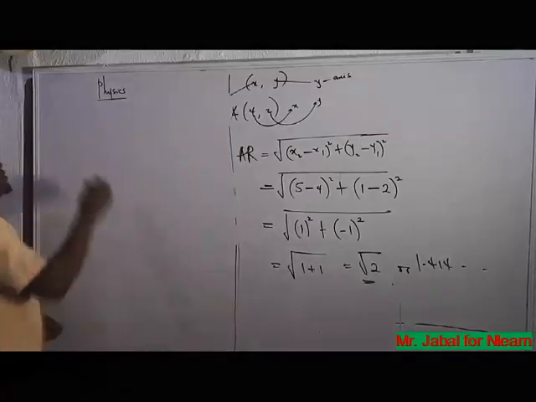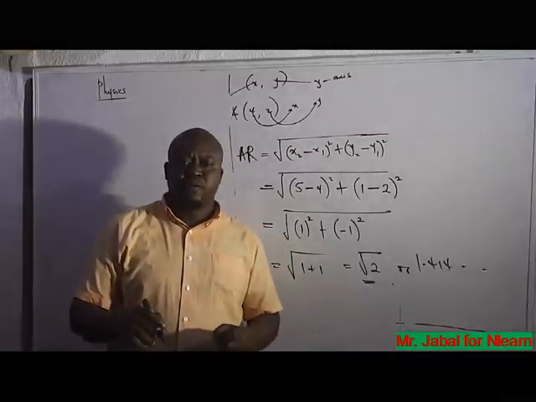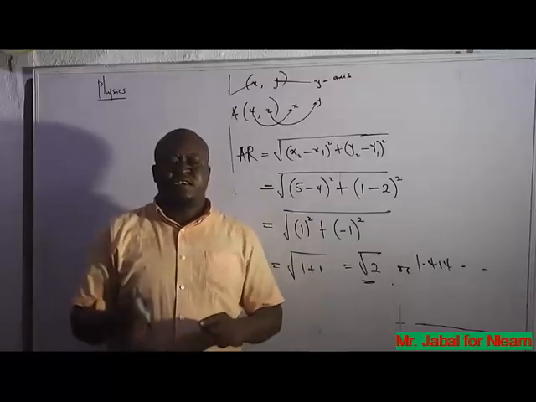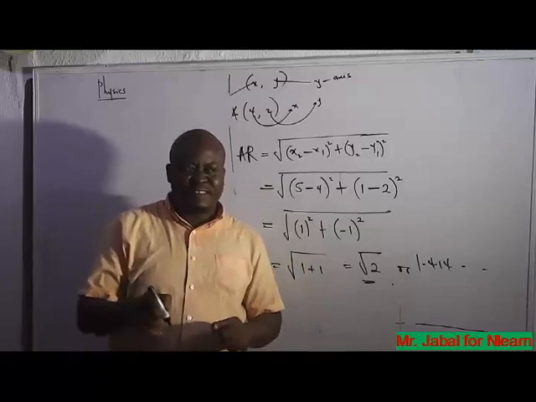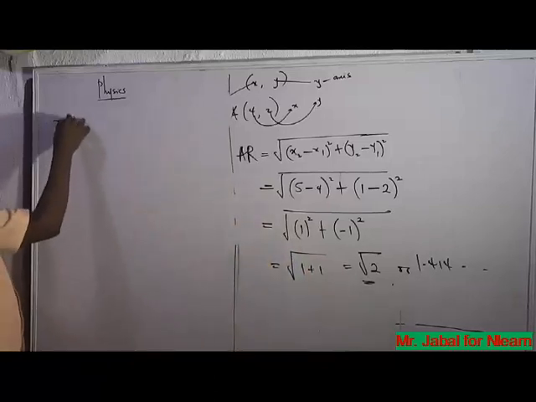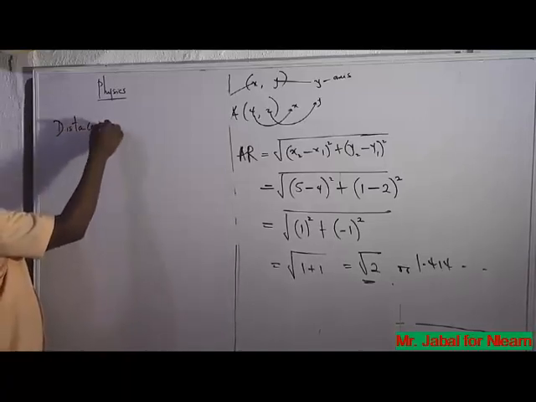Now, the second parameter after position, we want to talk about another parameter. Position is one of them. The second is something we call distance. It's used to describe motion. Distance is simple.